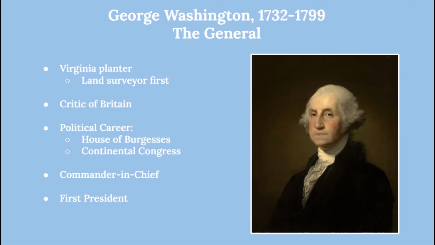What's important about Washington, and we'll hit this in class, is that his popularity, he's probably the most famous American during the Revolutionary War, and his name was going to be the most universally recognized across the 13 colonies and eventually the 13 states. And what's important about Washington is that at the height of his power as general, when the war was over, he gave up his commission and he went back home to farm in Virginia, a plantation with slaves, but gave up the military power that he held.